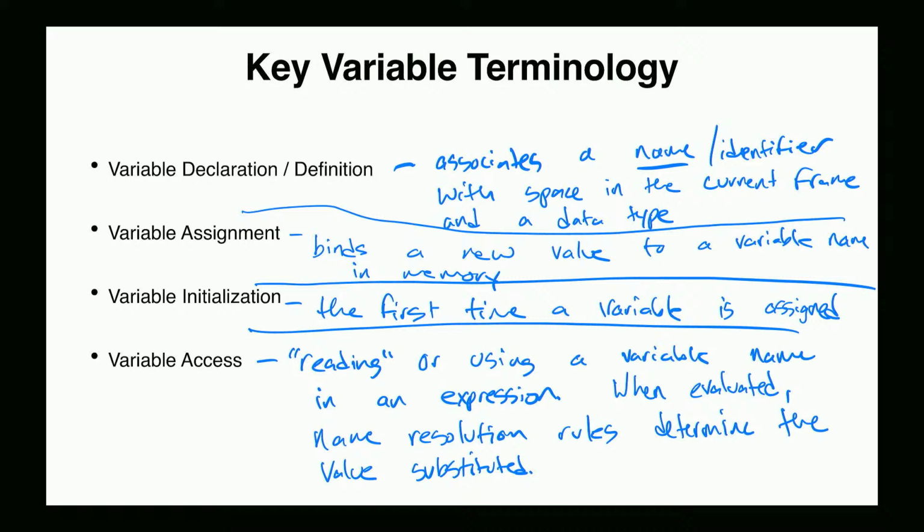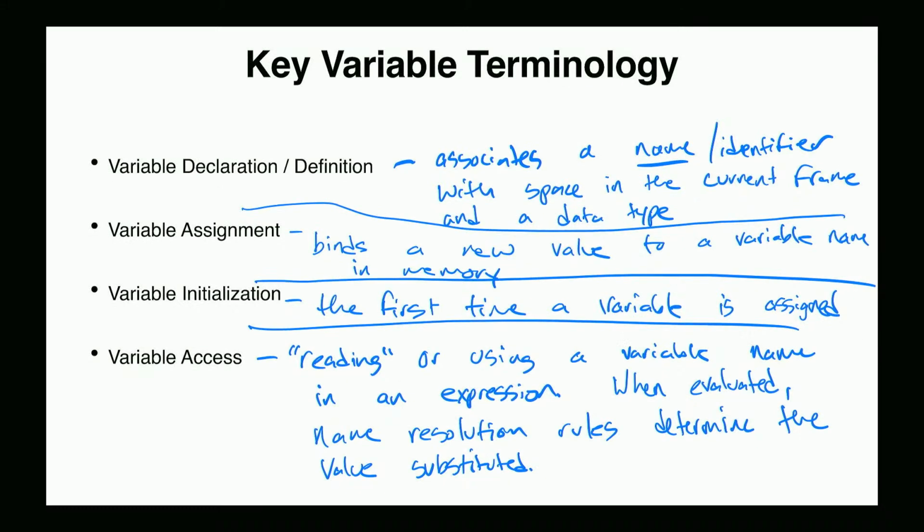Global constants, on the other hand, are perfectly fine. But global variables make our programs much harder to reason about. So when in doubt, always try to use local variables defined within the context of a function body. Okay? Any questions on this terminology?